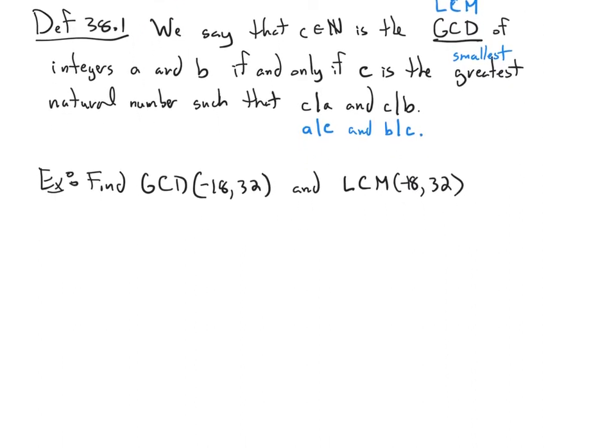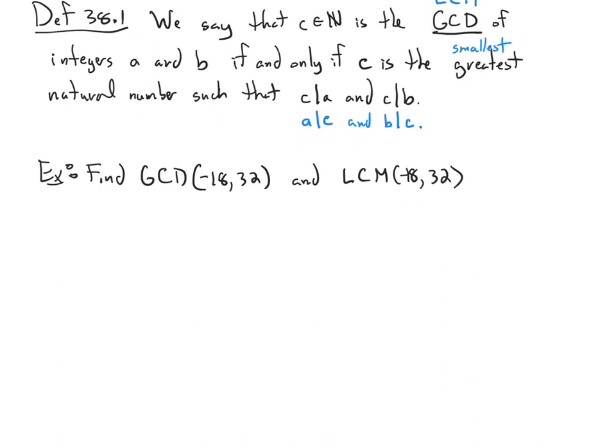To do this with brute force, without any clever tricks, we just need to think about what the divisors are for the greatest common divisor and what the multiples are for the least common multiple. Let's do the GCD first. Let's list all of the positive factors of 18 and 32.